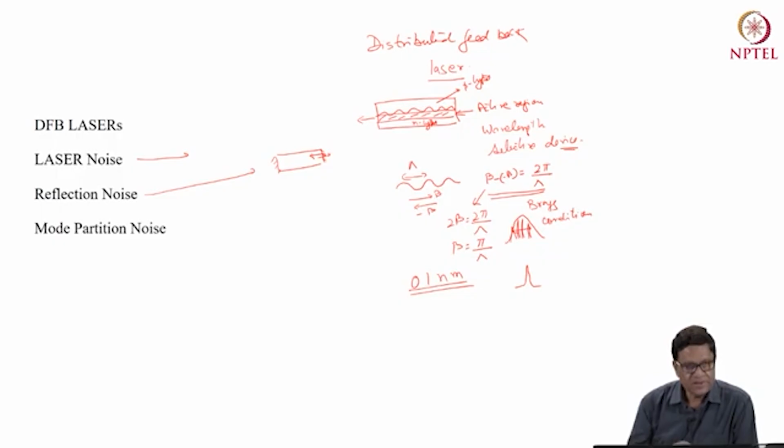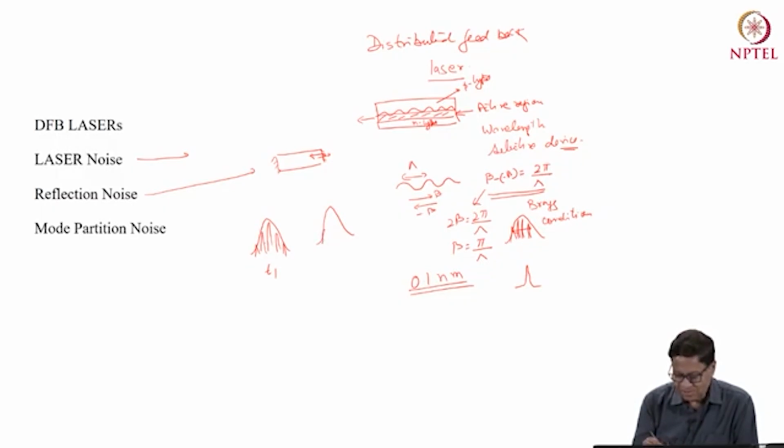And the third one is mode partition noise. As I explained earlier, for a multimode longitudinal mode laser, there are many modes. Suppose this is at time t1. At t2, the power in these modes may change.